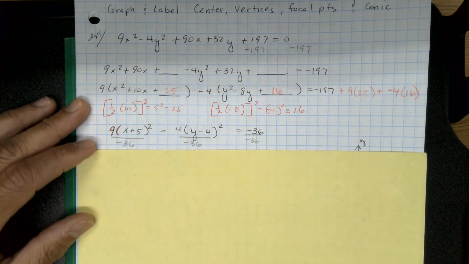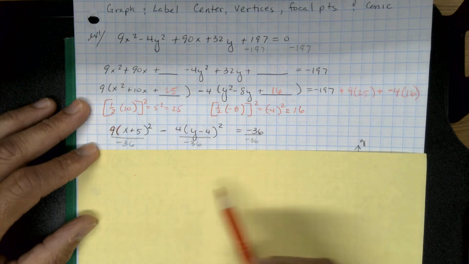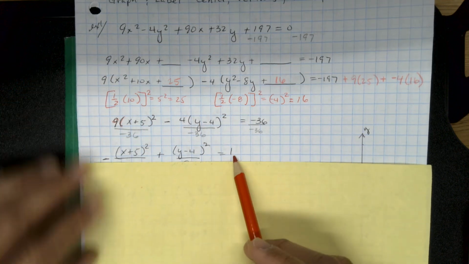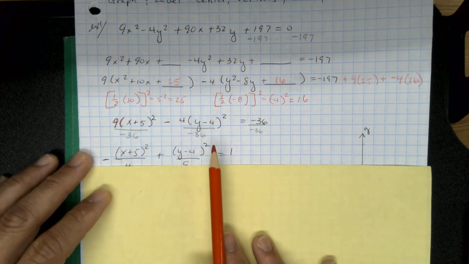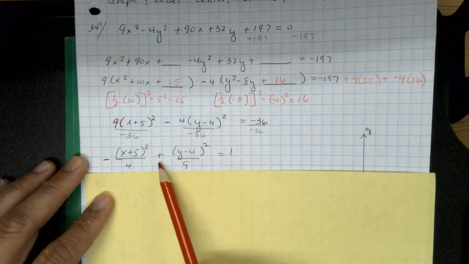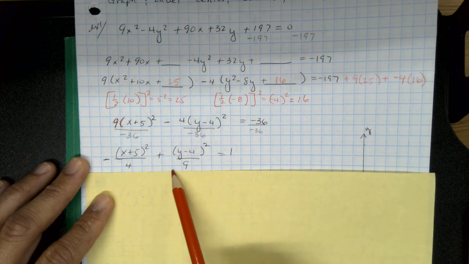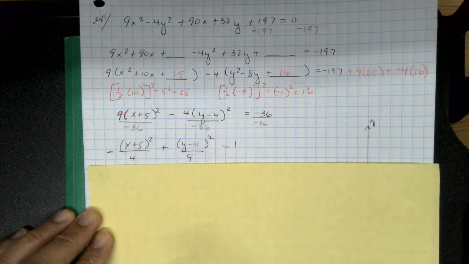So we divide by negative 36. And now negative 36 over negative 36 is 1. Negative 4 over negative 36 reduces to 1 over 9, positive 1 over 9, because a negative divided by a negative is a positive. And a positive divided by a negative is a negative.